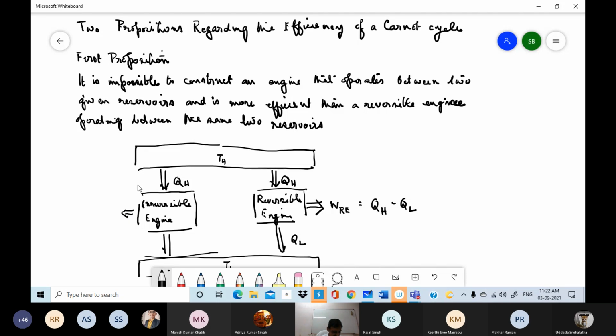The W for the irreversible engine, if the efficiency is not the same, it must be different. But QH by assumption is same, so QL must be different. So we denote this by QL prime.